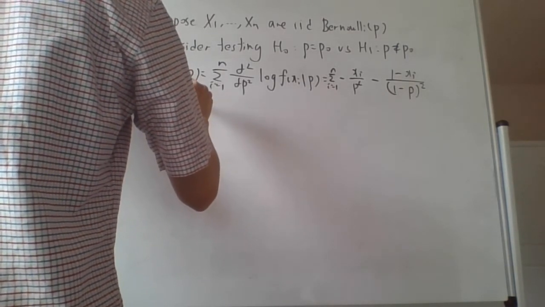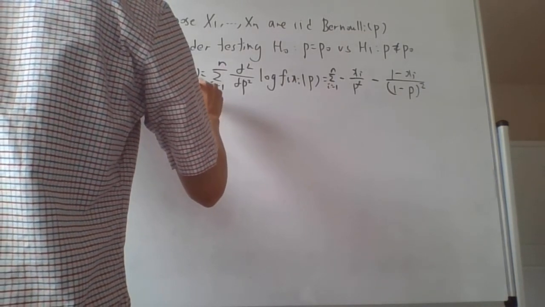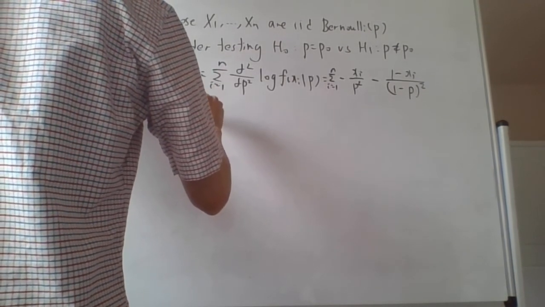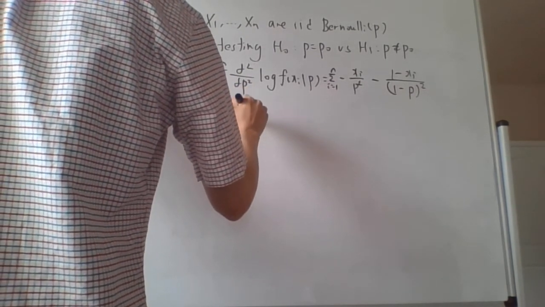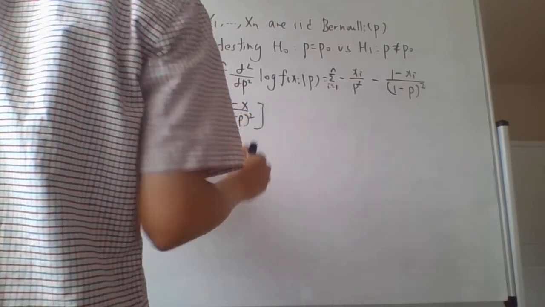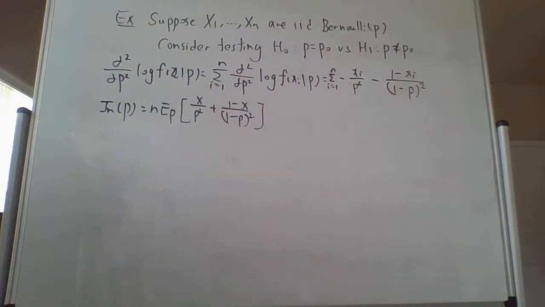So this is the same as the expectation of x divided by p squared plus 1 minus x over 1 minus p entire squared, because they are IID. So the expectation of the sum of xi is the same as n times the expectation of x, where x follows the Bernoulli distribution.